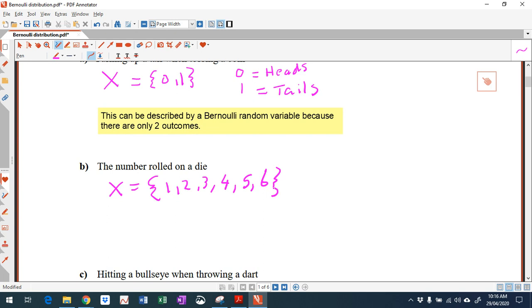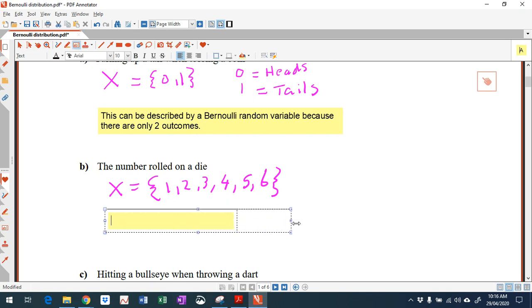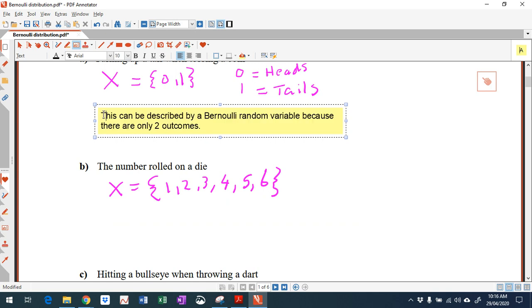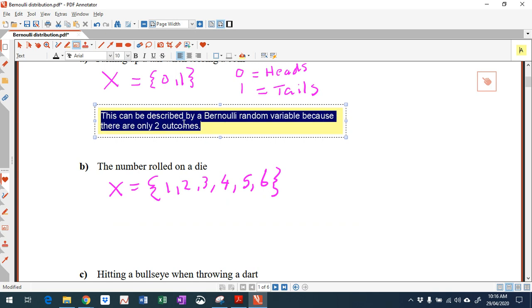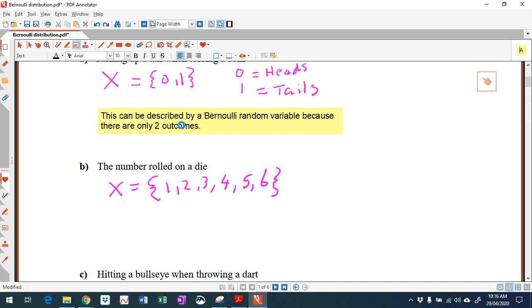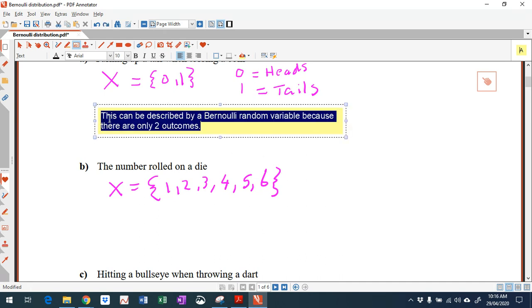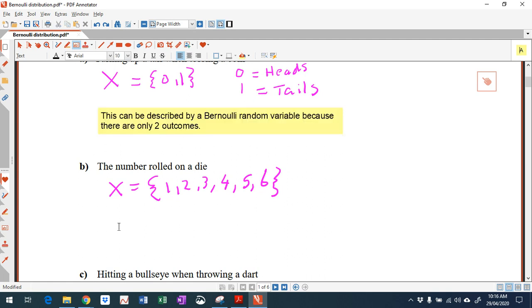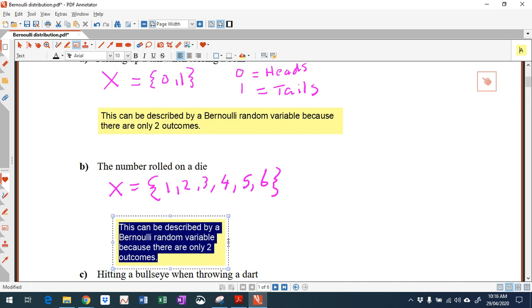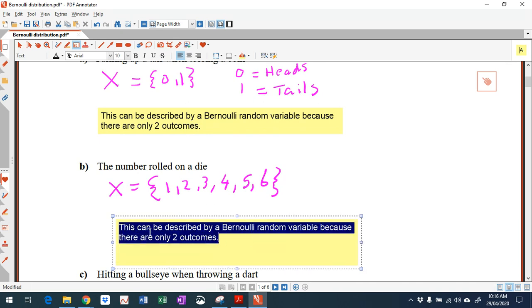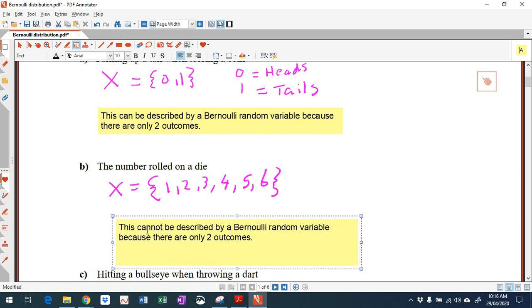And obviously there's more than 2 outcomes, so we would say this cannot be described by a Bernoulli random variable, because there are more than 2 outcomes.